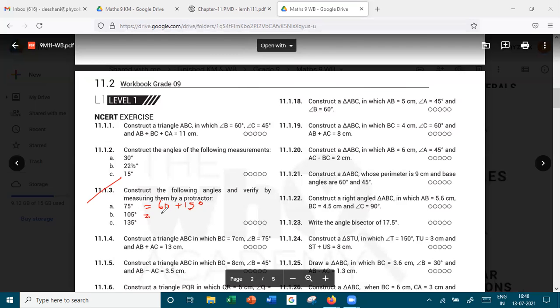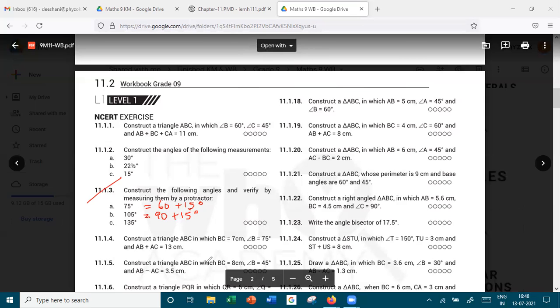Samruddhi, 100 plus 5 is correct, but then how will you make a 100-degree angle? Henna, you can't really make a 100-degree angle using your compass. Ma'am, we can only make angles of multiples of 15.